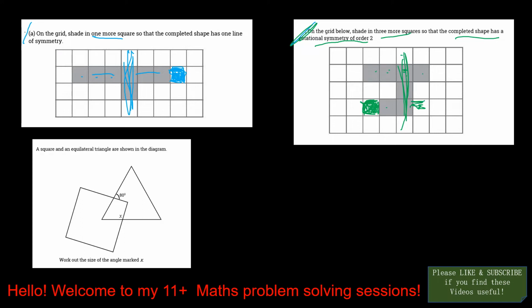This one also has to be shaded, this square. And then we see that this one square needs another shaded square here.